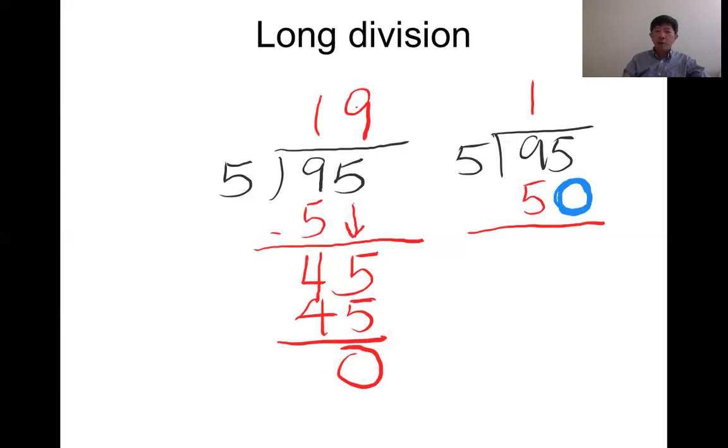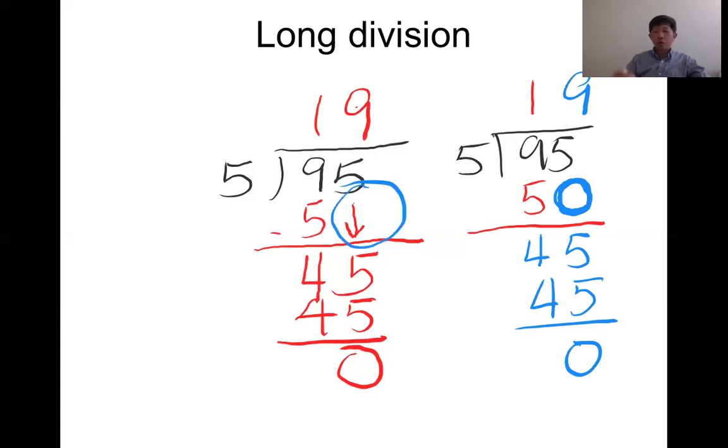And that way we have 95 minus 50, we get 45, right? That's another way we can do this. If you like to do it with the arrow sign, you can. Or if you want to, with a 0 as a placeholder. So we have both ways we can do this, okay? Right, so that's the long division.